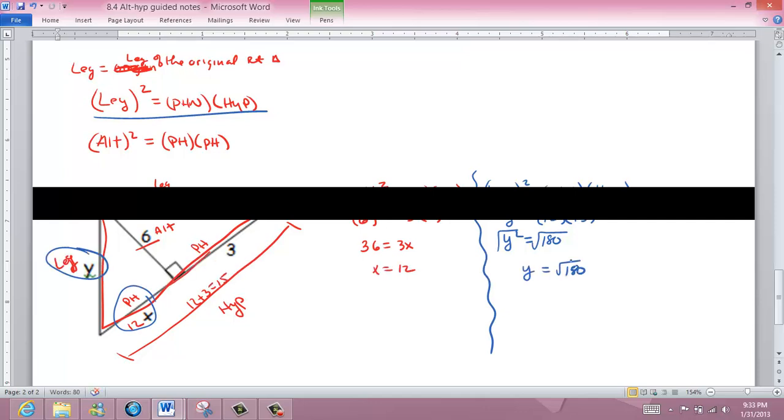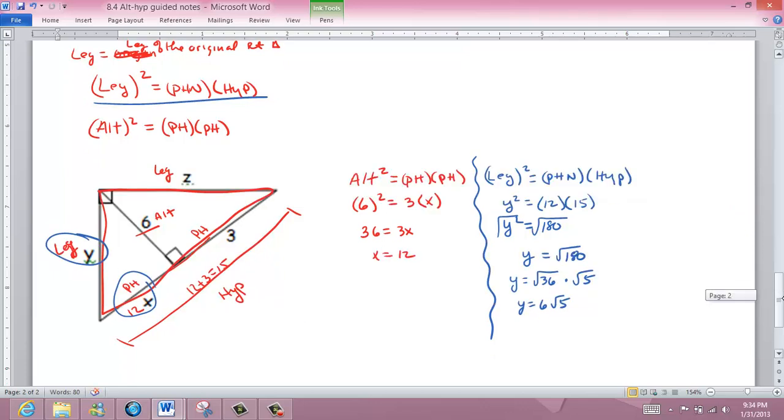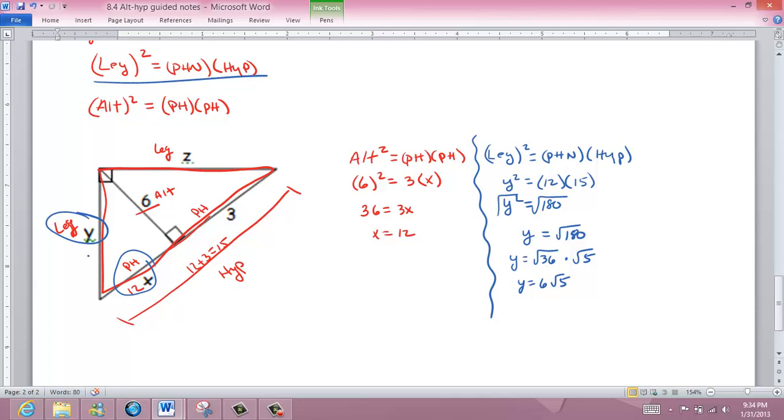Now, we have to find the largest perfect square that goes into this and simplify the radical. We would break this up into the square root of 36 times the square root of 5, which gives you 6 root 5. So y has a length of 6 root 5.